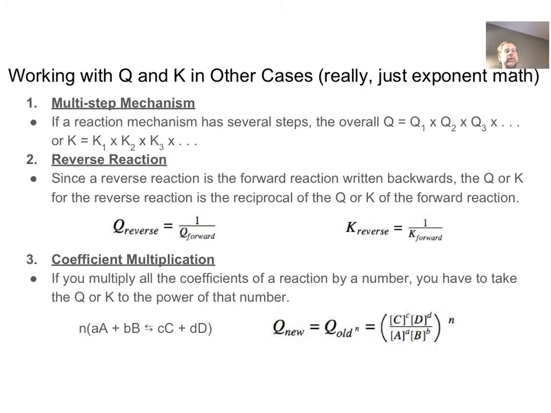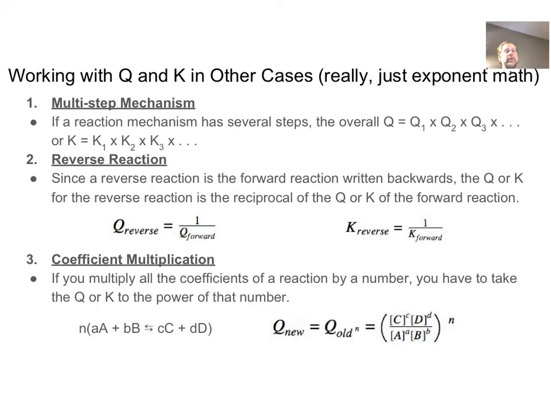Now, the other thing that we need to remember is that when you work with Q and K, you end up with some exponential math that we have to keep track of. One of the things we have to remember is that we talked last unit about multi-step mechanisms.